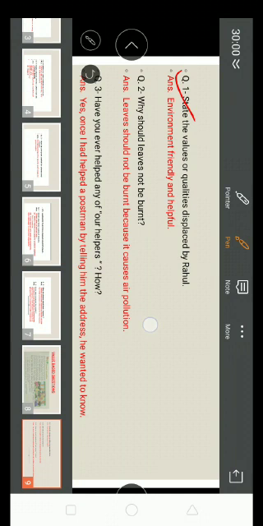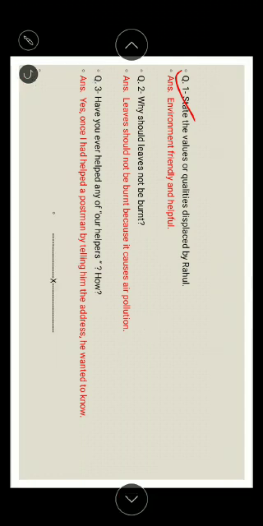What was question number 1? State the values or qualities displayed by Rahul. Rahul was environment friendly and helpful. Environment friendly because he loved the environment.